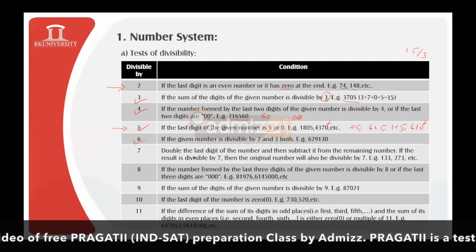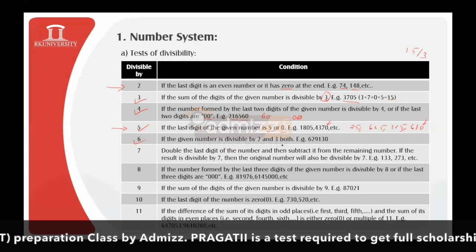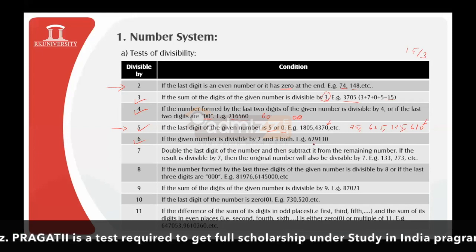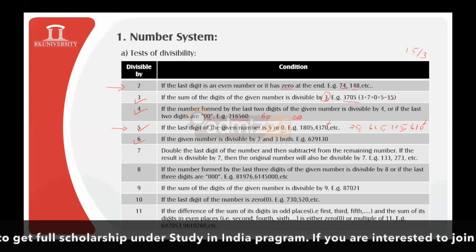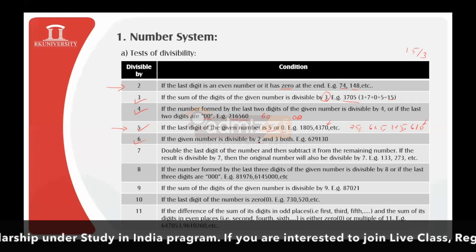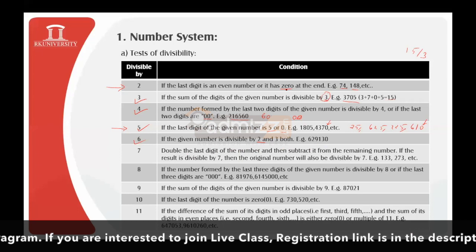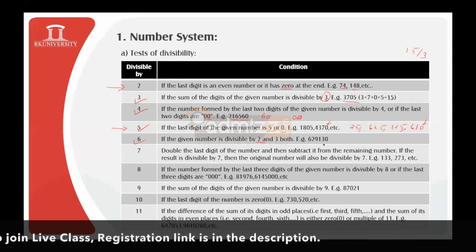Now thing is 6. If the given number is divisible by 2 and 3 both, then number is divisible by 6. When the number is divisible by 2, it should be either even number or last is 0.